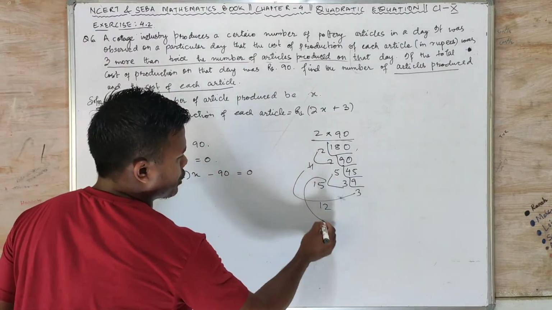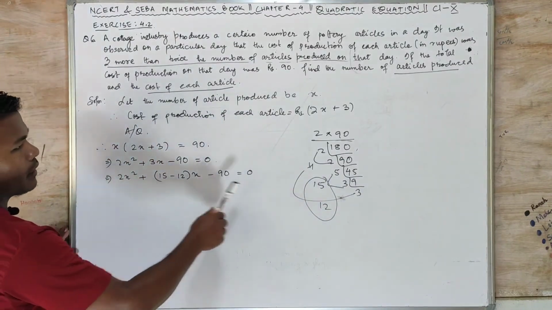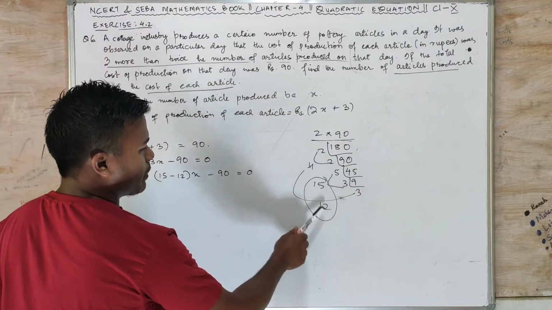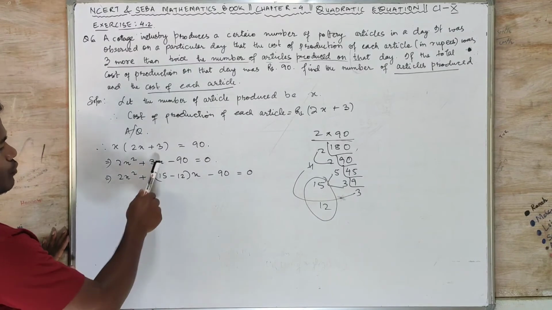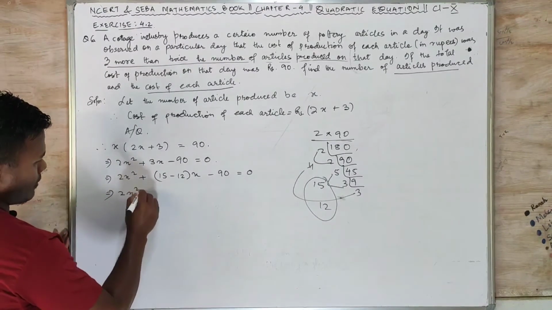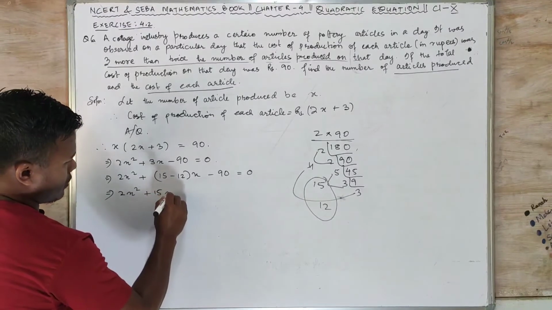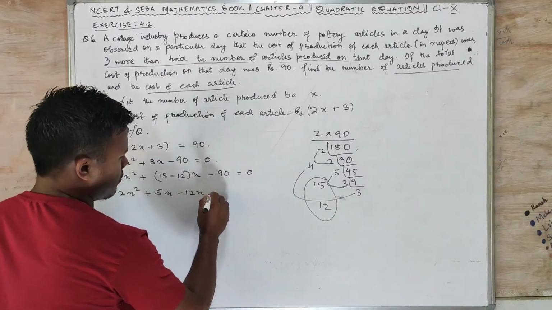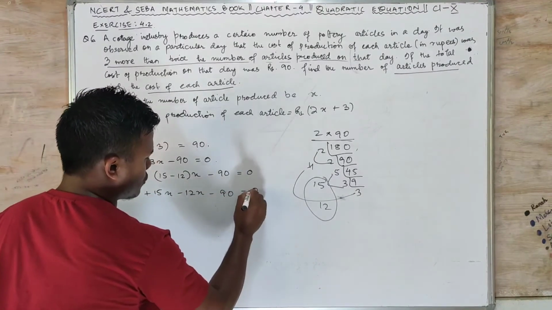That means 15 and 12, when you multiply, you get 180, and 15 minus 12 is 3. So 2x square plus 15x minus 12x minus 90 is equal to 0.